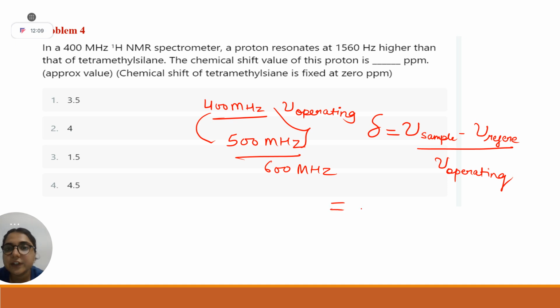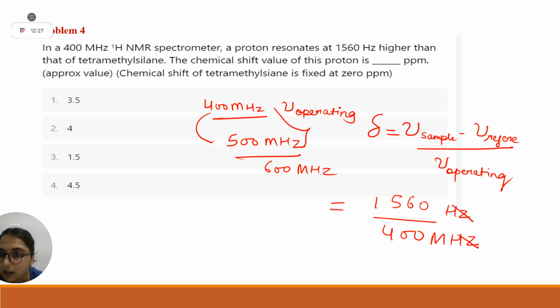Okay, what is this 1560? Proton resonates at higher than, which means this difference is your 1560, right? And mu operating is 400. And you know this is in hertz, this is in megahertz.